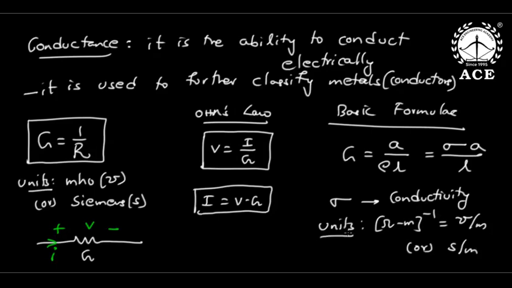R is rho L by A. This is A by rho L. But 1 by rho is sigma. Sigma A by L. But sigma is called conductivity. Now the units of conductivity are ohm meter inverse, or mho per meter, or Siemens per meter.